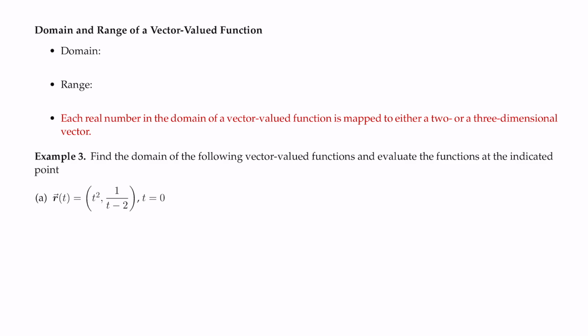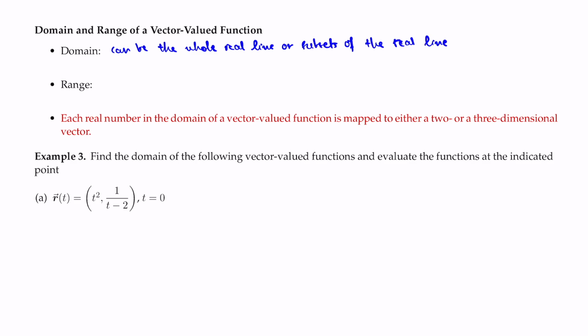So the domain can be the whole real line, or a subset of the real line. Why is that the case?